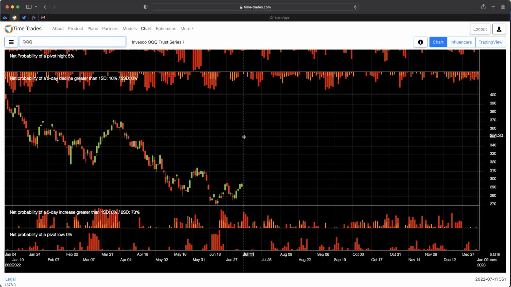So let's just go through our indexes as per usual. We're looking at the Qs, and we can see here that we've got 3 pretty bullish days, with the lowest probability being 51% of a 2 standard deviation high on July 12th. One thing to keep in mind is the next CPI data release, I believe, is the 12th.